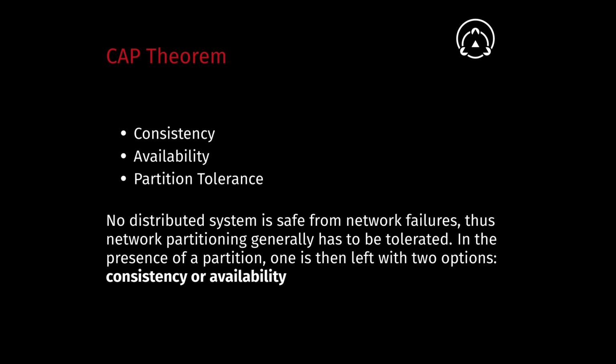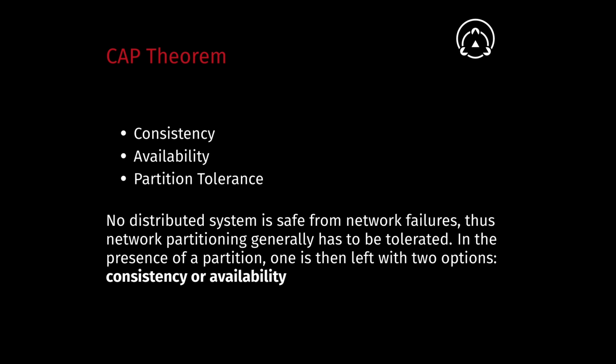And since we're depending on the network and we've got a distributed system, we kind of have to consider the CAP theorem. CAP stands for consistency, availability, and partition tolerance. And since no distributed system is safe from network failures, we really have to embrace that we've got network partitioning that we're going to have to tolerate.